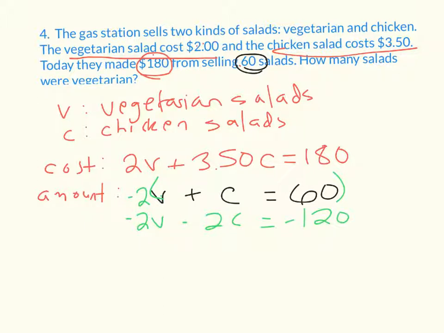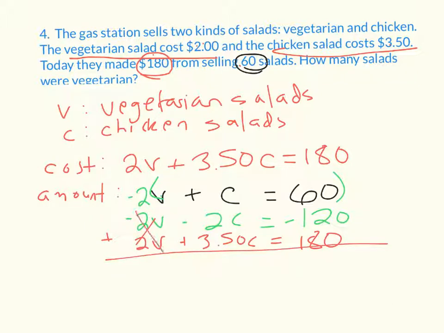And I'm just going to drop my top equation down underneath. And we're going to add. So those are gone. Negative 2 plus 3.50, that's 1.50C equals, looks like it's 60.